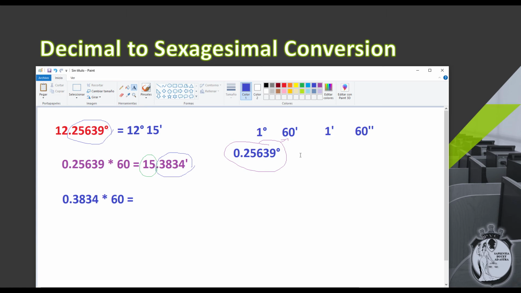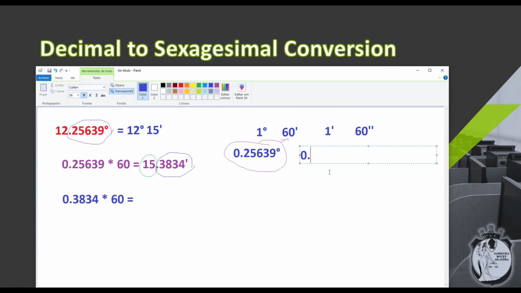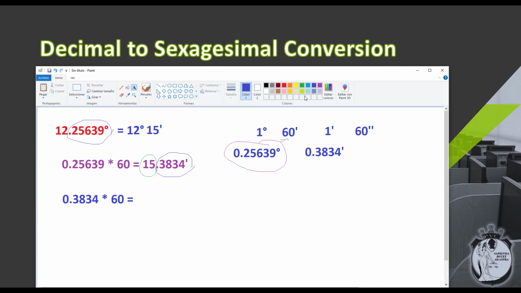If you convert 0.3834 minutes to seconds, you need to multiply by 60 and divide by 1. When you divide by 1, it's the same result, so you only need to multiply by 60.